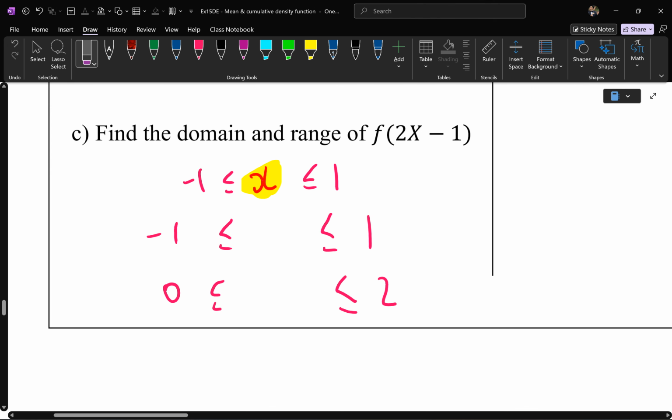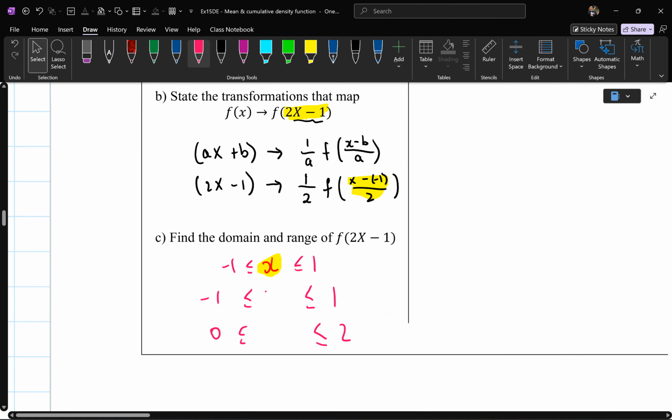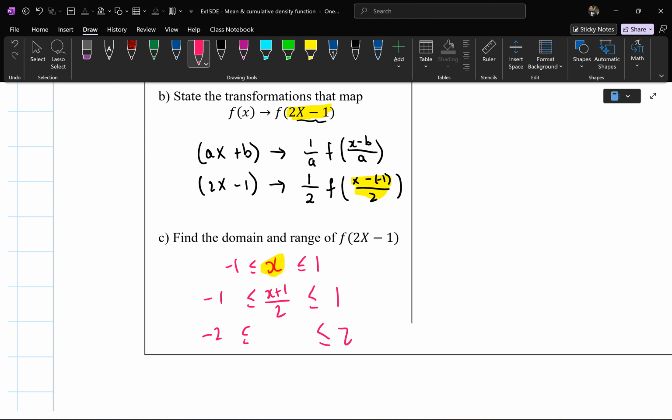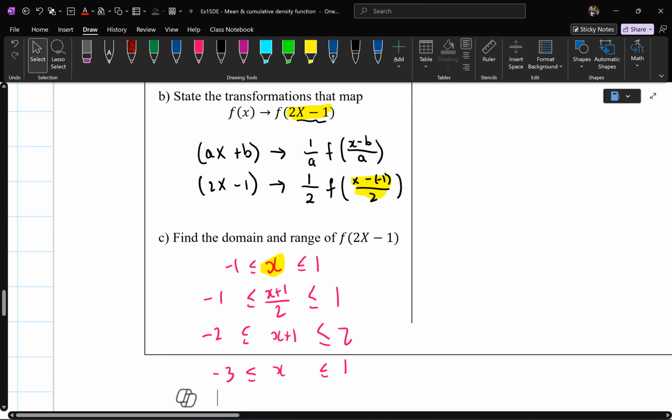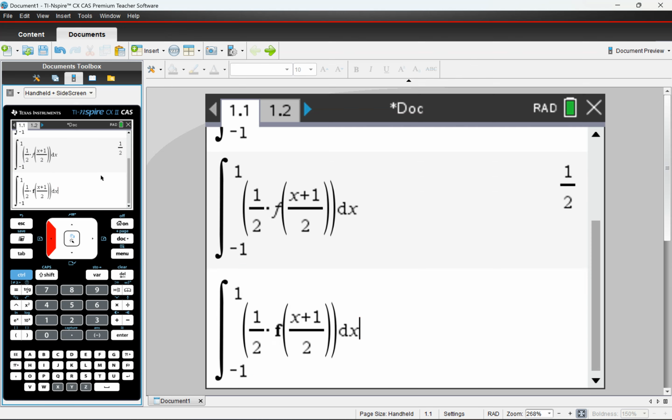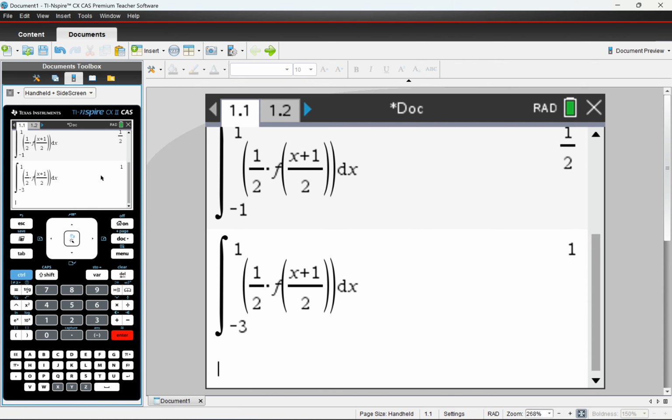Sorry, what am I doing? The transformation was over there. There we go. x plus 1 over 2. That becomes negative 2 to 2. And then what do you get? Is that right? That should be right. Negative 3 to 1. Let's check. So if I go now from negative 3 to 1, yeah.